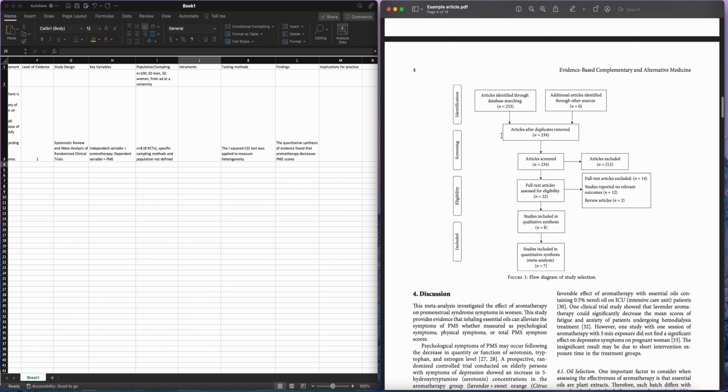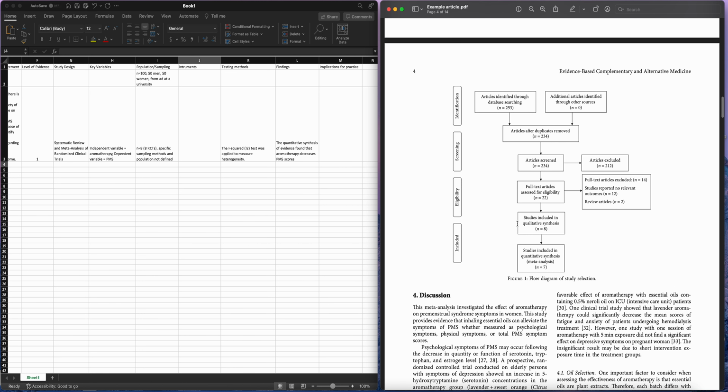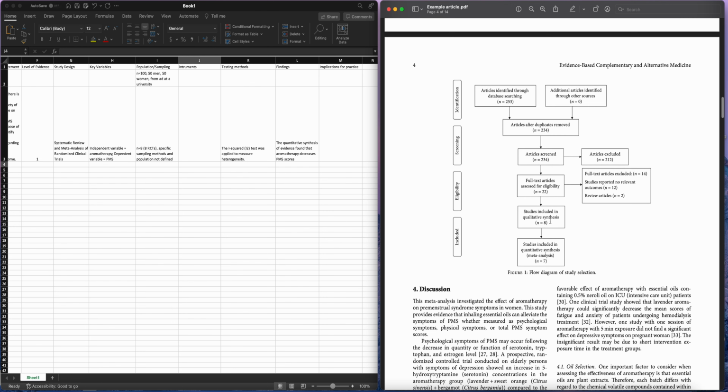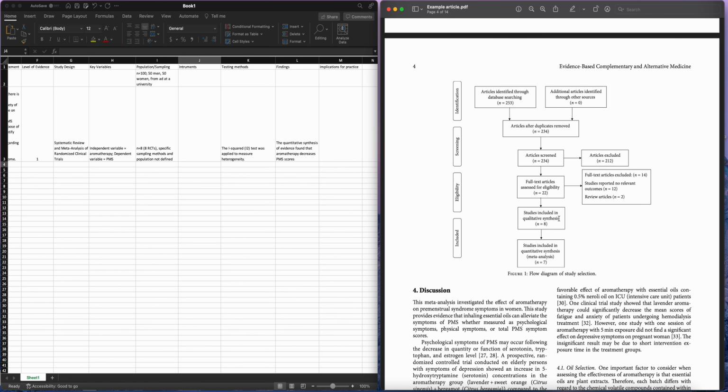So here, by the way, side discussion, usually most articles will show this diagram of how they came to their final N. So n equals qualitative and quantitative. Okay. So they usually will show a flow diagram of how they came to their final N value for their sample.